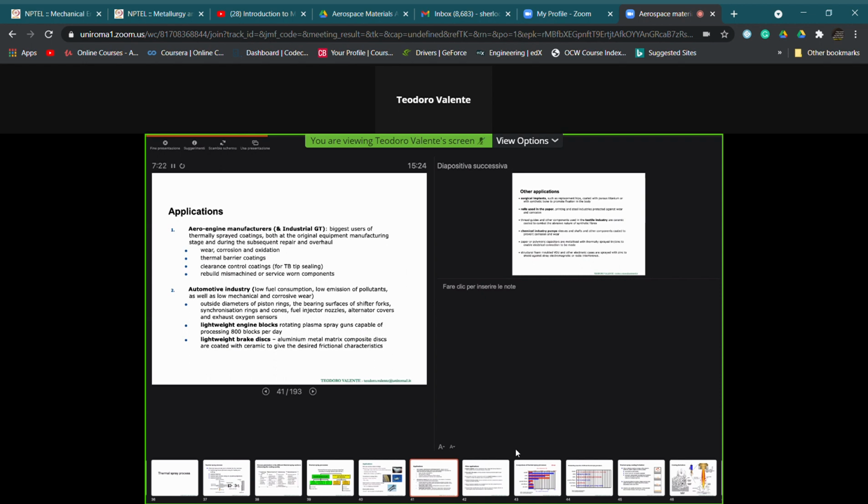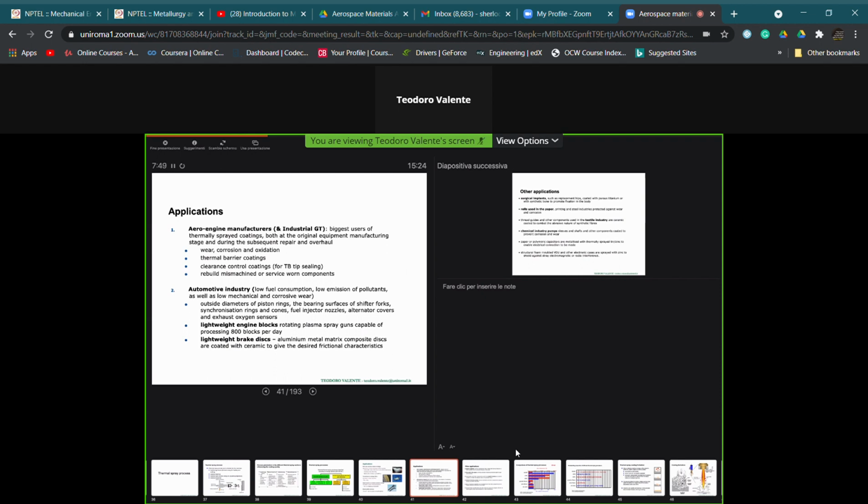We will see clearance control coatings, essentially the abradable family of coatings, which are used on the top of the blades in order to diminish the gas leakage and have the possibility to have a rotation of the blade without any problem for its lifetime.